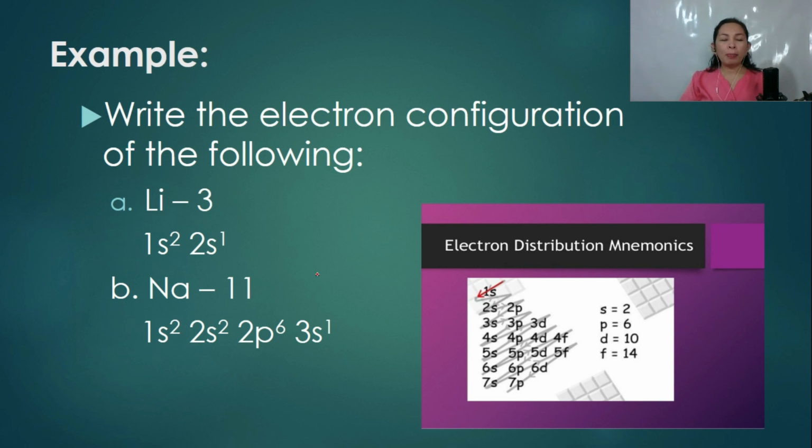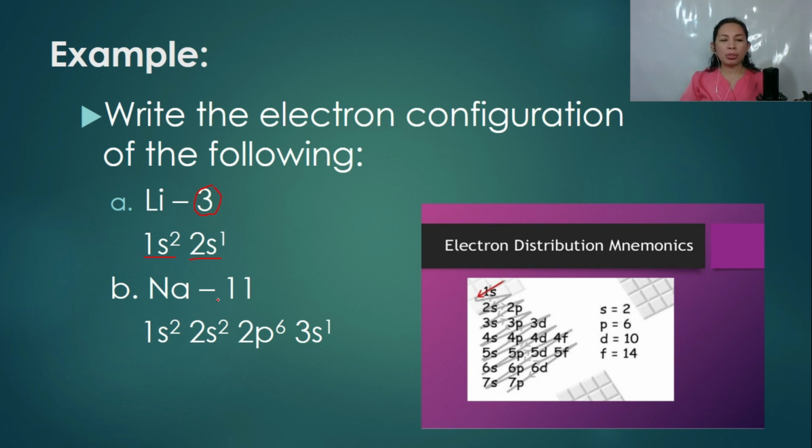As the Aufbau principle says, we have to start with the lowest energy atomic orbital, which is 1s. It should contain 2 electrons, followed by 2s, which should contain only 1 electron because we only have 3 electrons in total in lithium.